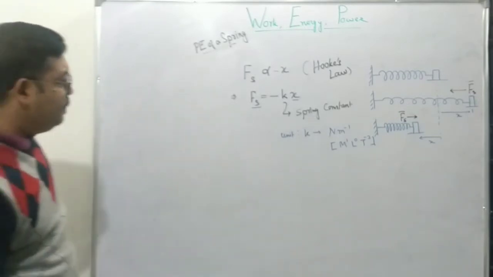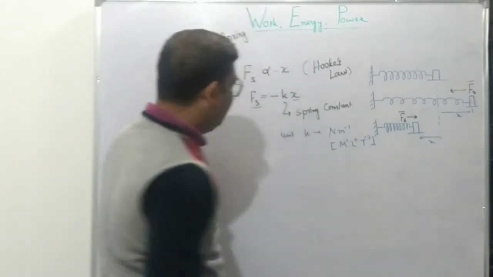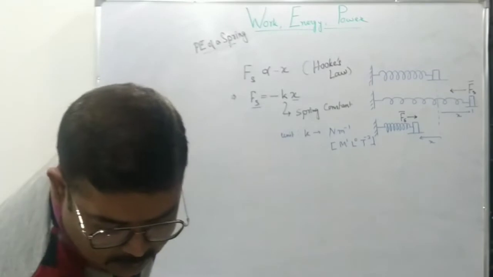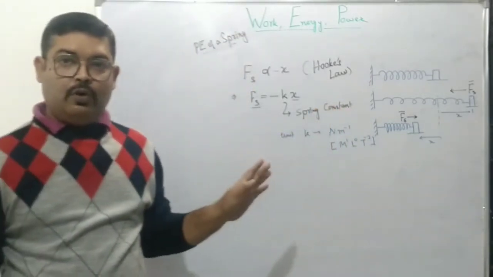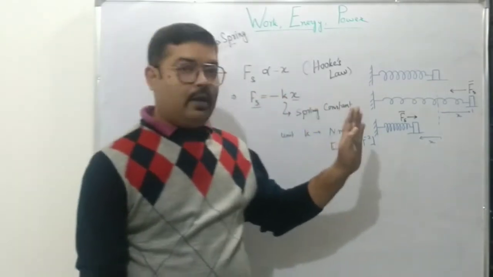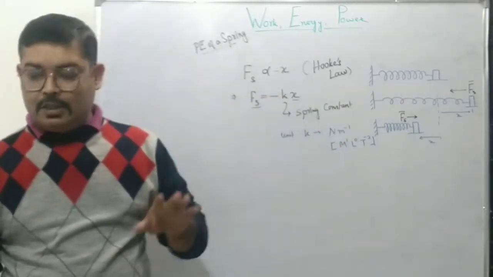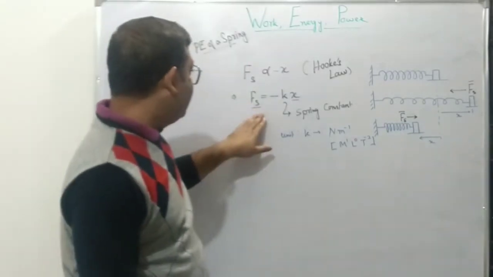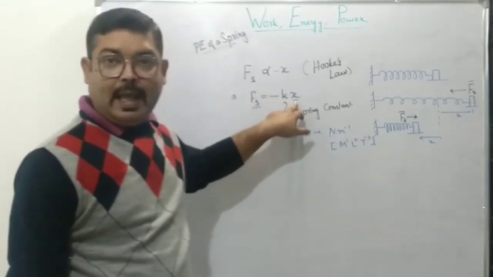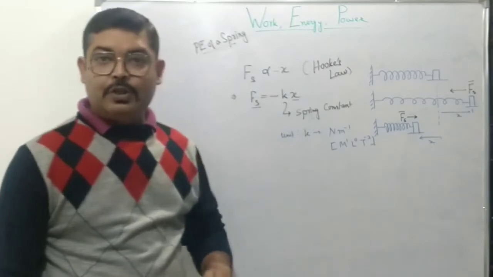Now, when we extend or compress the spring, work is going to be done against the spring force. How much work will be done? Since this spring force is dependent on x, it's a variable force, not a constant force.